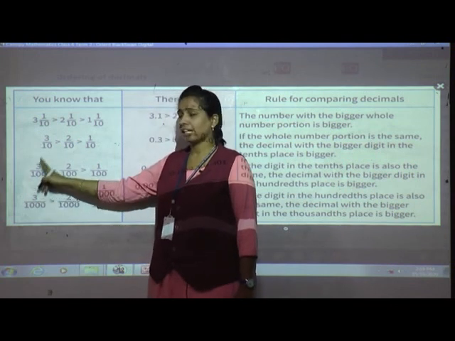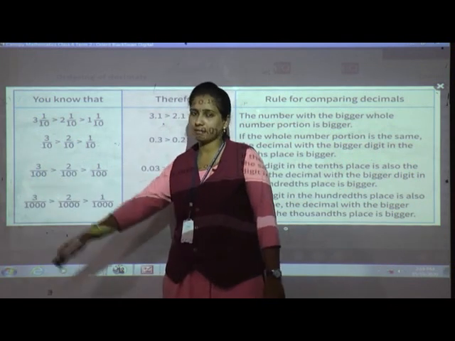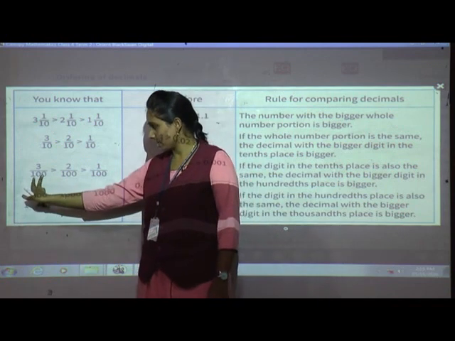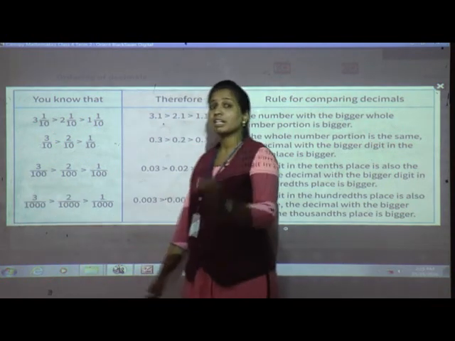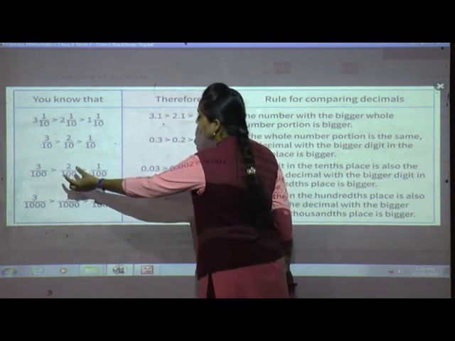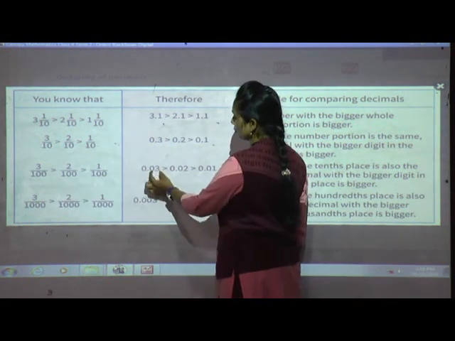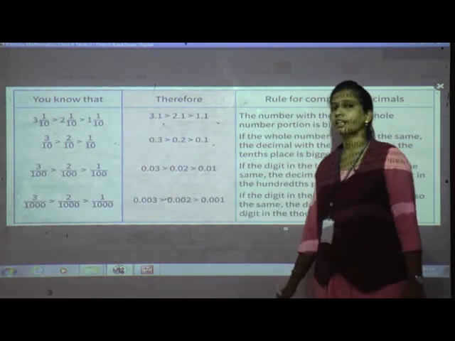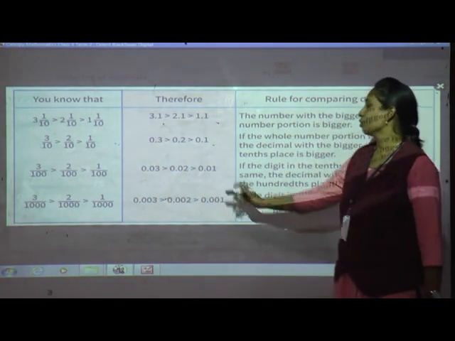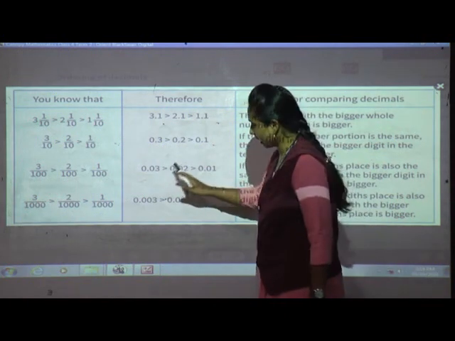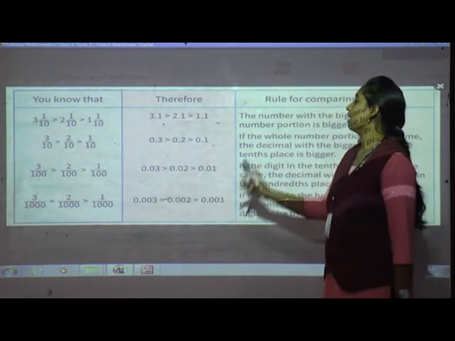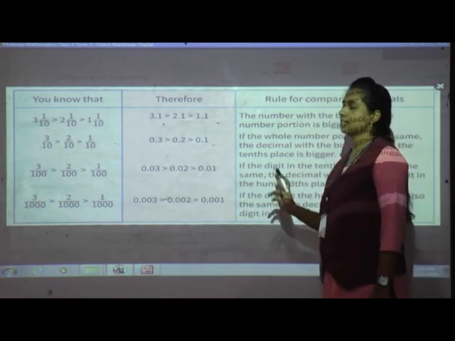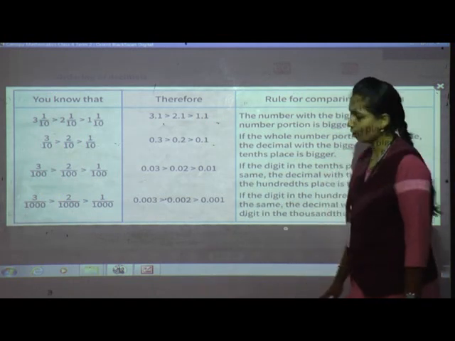So while converting the fractions into the decimal number, we see how many zeros are there. So we will give the decimal point after 2 digits, because 2 zeros means after 2 digits decimal point, then just write one more 0. So 0.03 is greater than 0.02 and 0.02 is greater than 0.01.